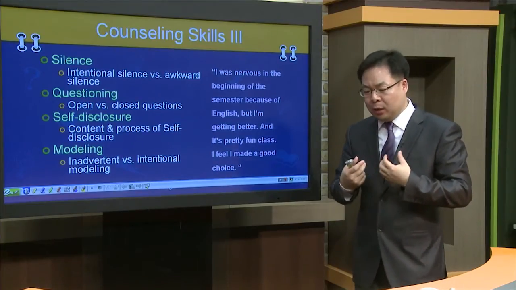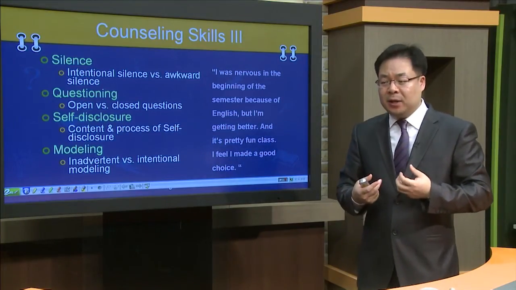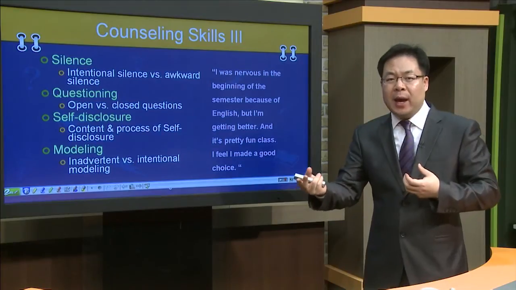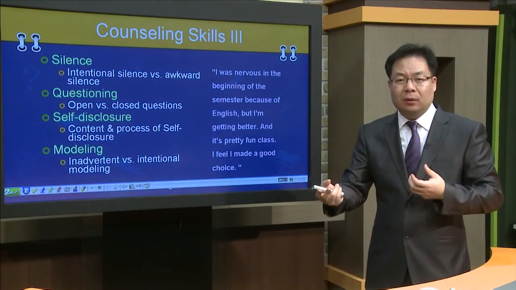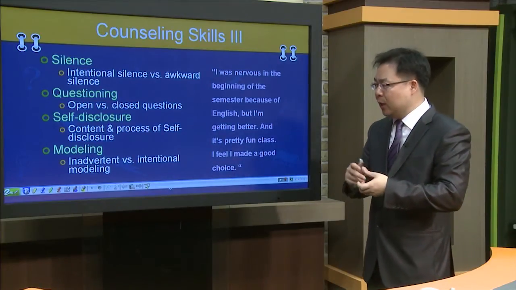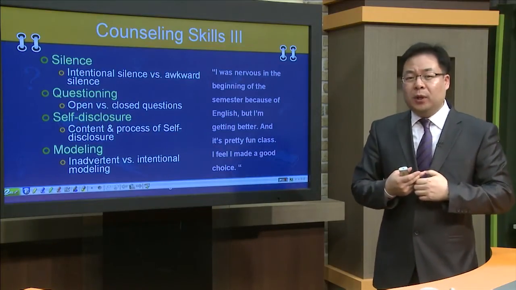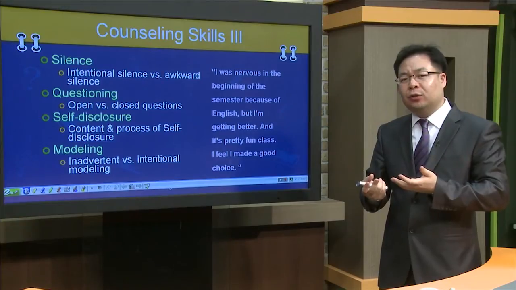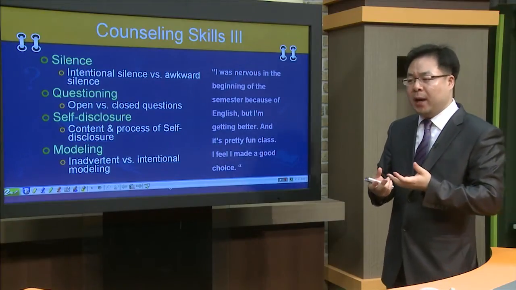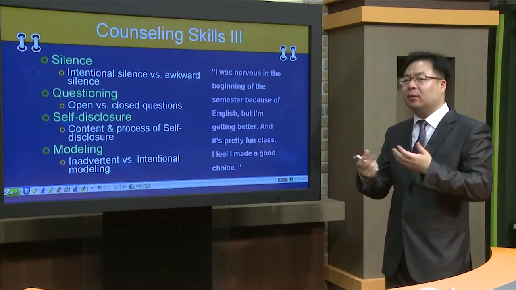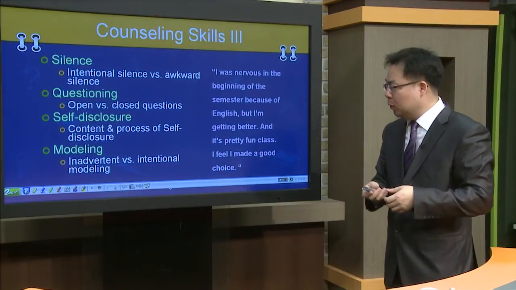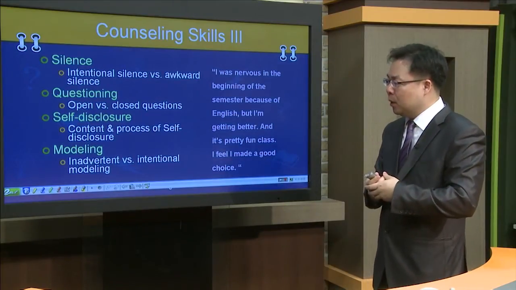Okay, I would act as you, and you would act as your father. Okay, let's role play. So that will be another intentional modeling. Also, we can ask a client to search for any good role model in their lives. So that's another intentional modeling.